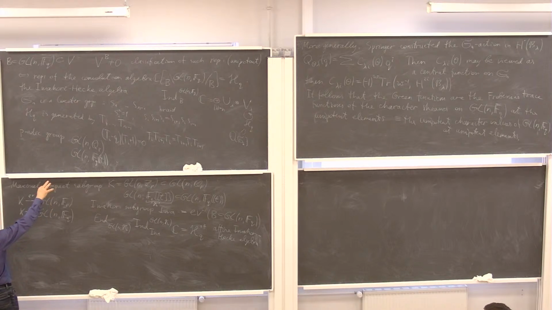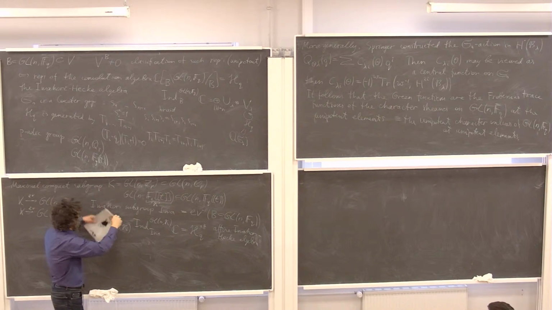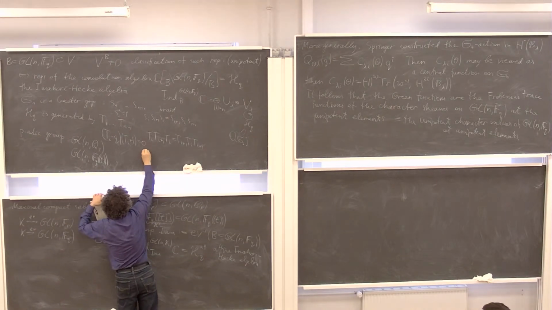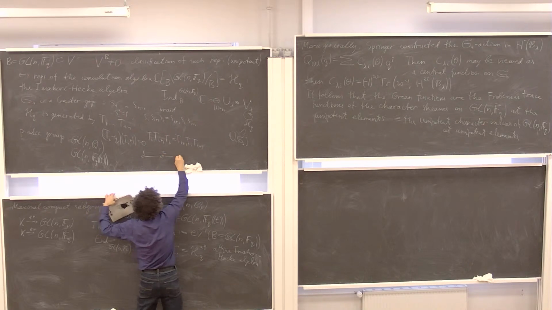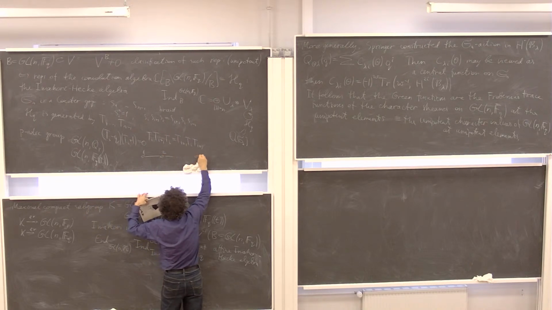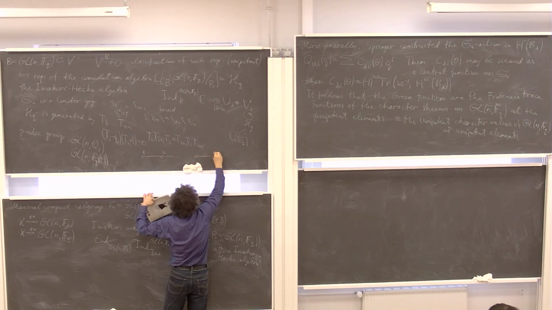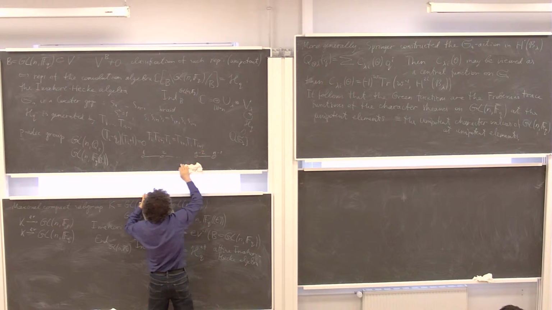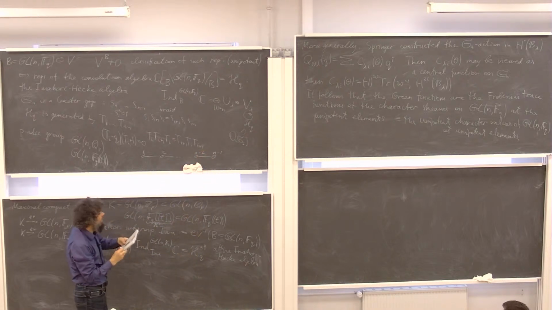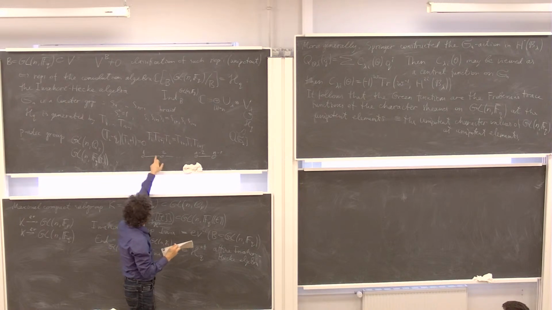Namely, those relations are governed by the Dynkin graph. We start with 1, 2, and so on, n minus 2, n minus 1. If there is an edge, you have such a relation. If there is no edge, they just commute.